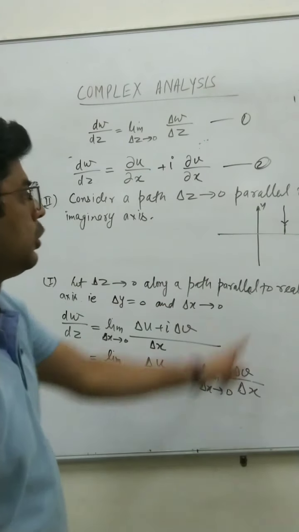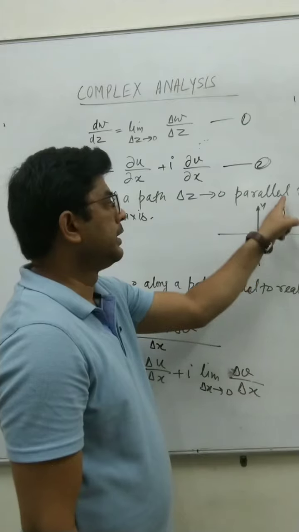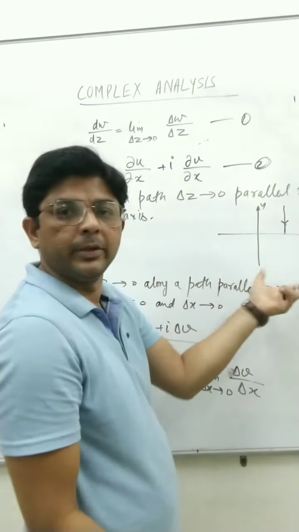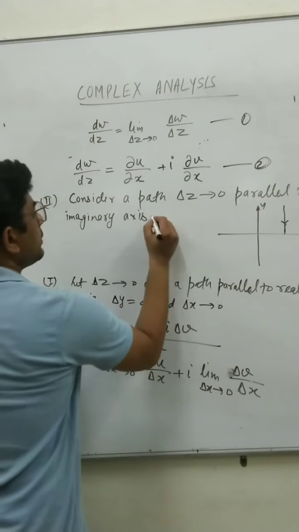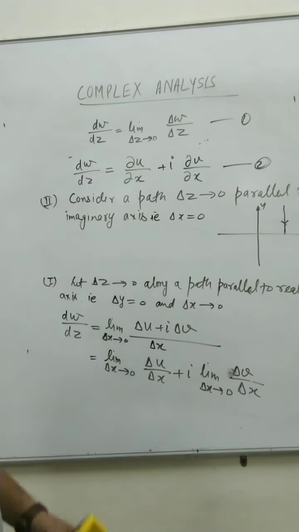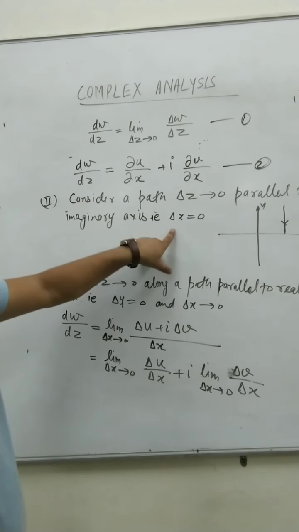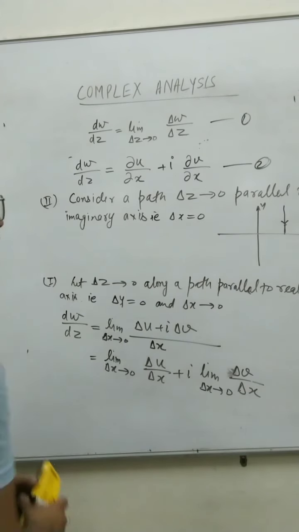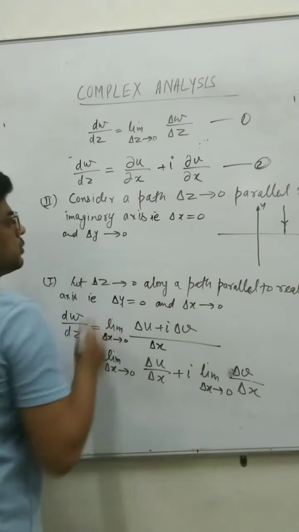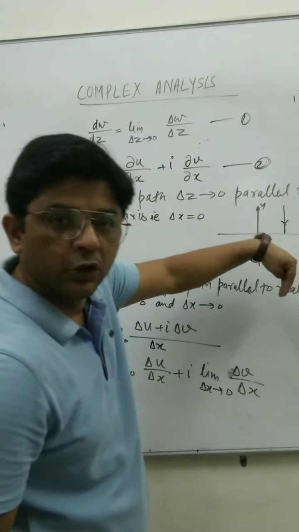When we move parallel to the imaginary axis, in this direction there is no change in x. x is fixed, x is constant. So delta x is equal to 0 now. In the previous case we had delta y equal to 0, but in this case delta x is equal to 0 and delta y tends to 0, because we are moving in this direction, so y is changing.